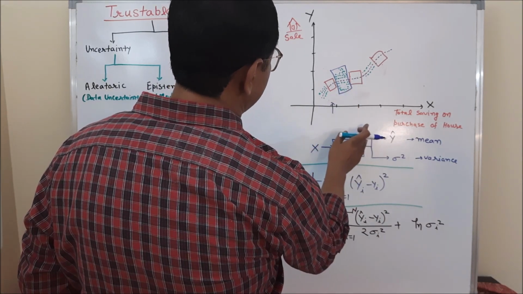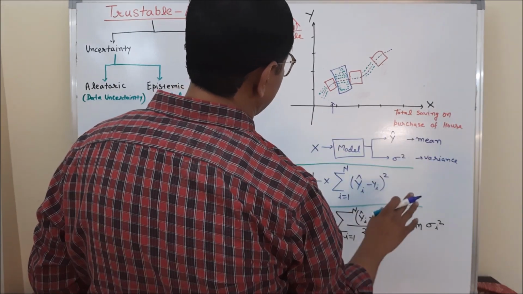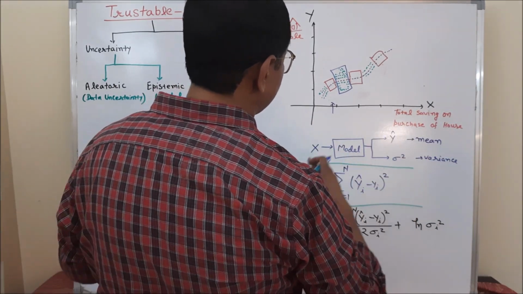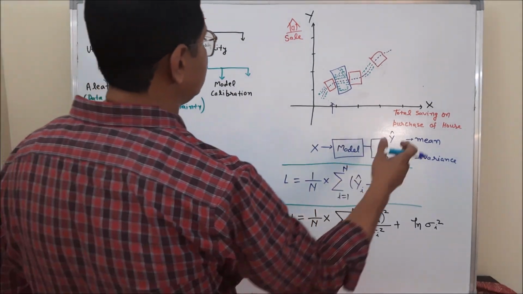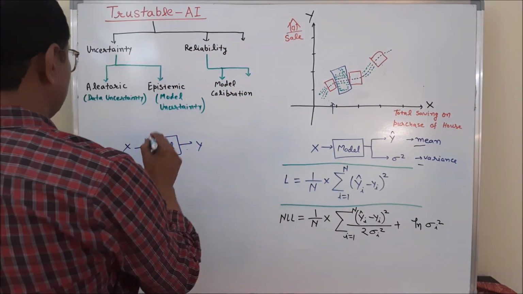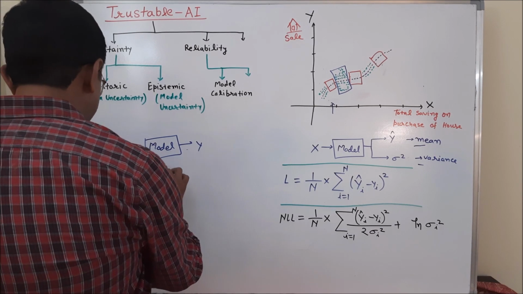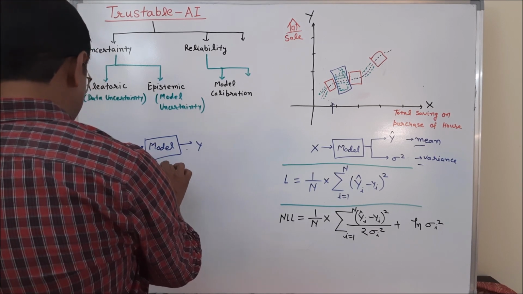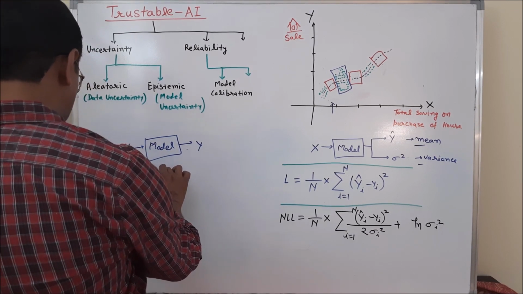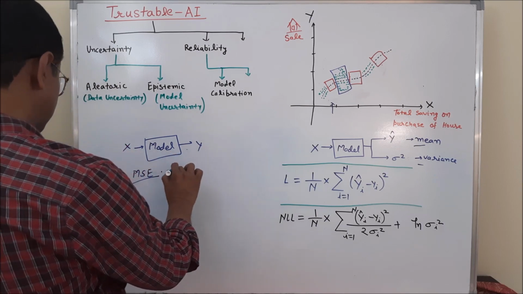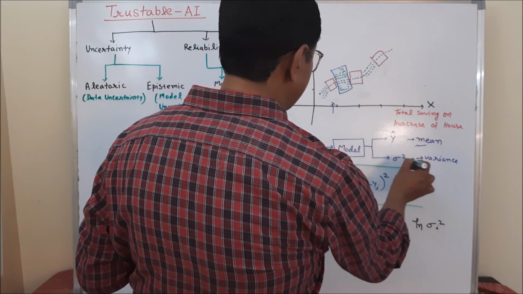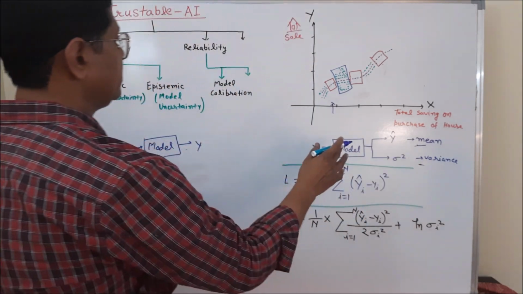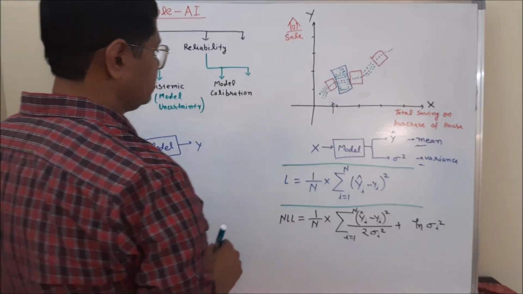If noise is very high, variance will be very high, meaning there will be a lot of variability in the variance. Whenever we apply mean square error, we can learn the parameters of a multivariate Gaussian with mean y and constant variance. But here the variance is changing.